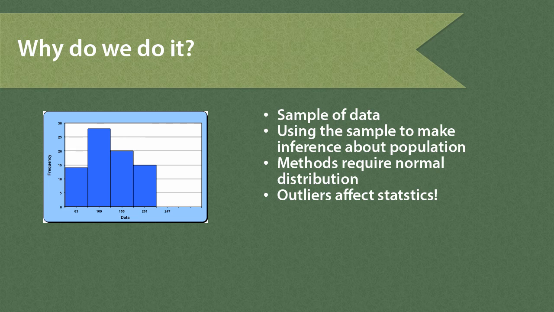Also, outliers or extreme values in our distribution can affect the mean and the standard deviation. These statistics are the foundation of, say, our inference for the population mean. So it's important to understand the effect that any outliers, if any, have on those important statistics.